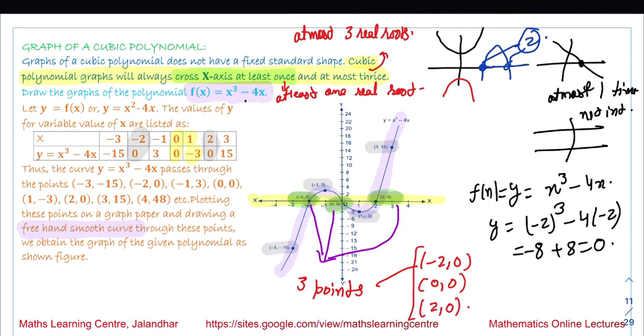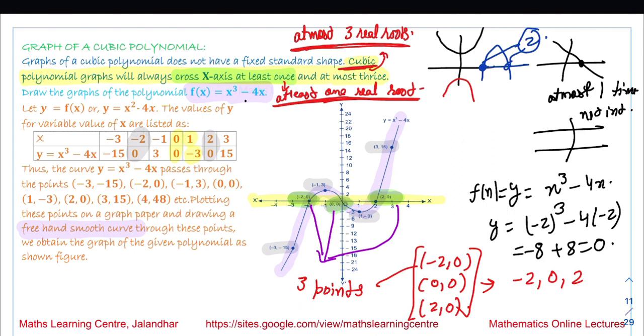So for this cubic polynomial, the roots are minus 2, 0 and 2. These are the 3 real roots. I am again repeating the important thing: cubic polynomials have at least one real root, always, and at most 3 real roots. This curve can intersect the x-axis at most at 3 points.